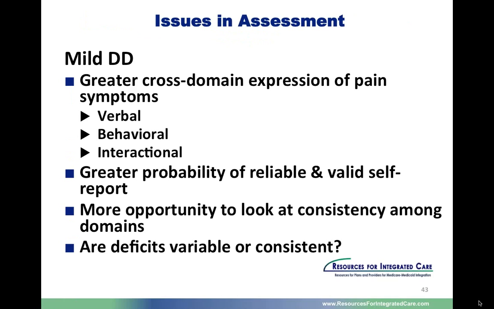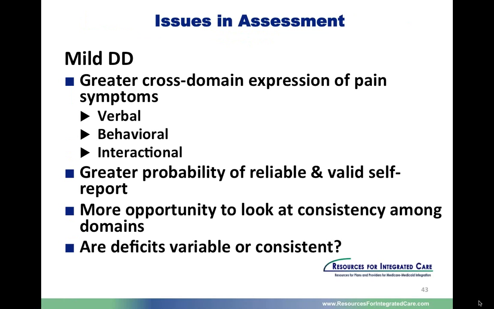And at the same time, we would expect when people at the mild level of disability tell us that they have pain or they're hurting or they're suffering, that these statements from somebody who's mildly disabled might have a higher likelihood of being a reliable and valid self-report.